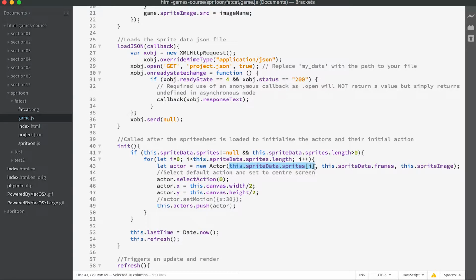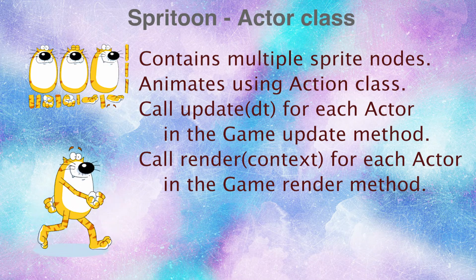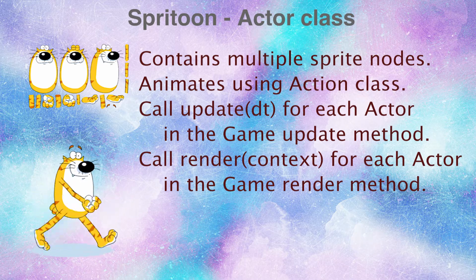This JSON here will give it all the information about what sprites to create, how to position them, where their anchor points are, how they are going to rotate, how they're going to move, and what animations they contain. The animations for an actor are called actions in the Spritoon library. So an actor contains sprites, and an actor is animated using actions.